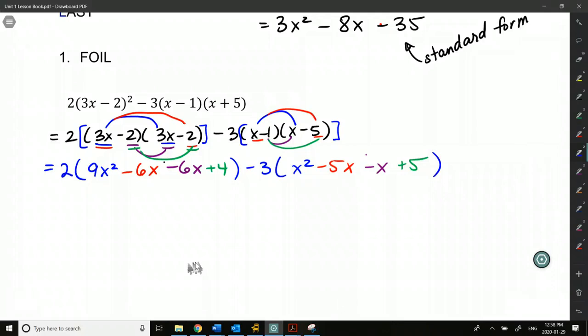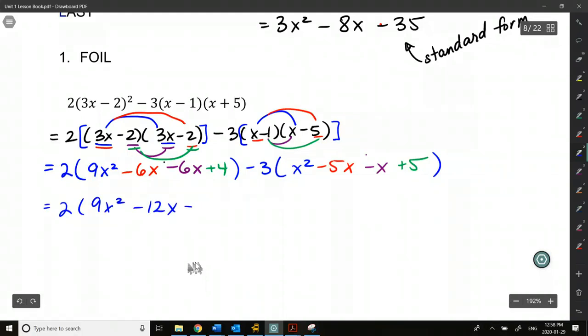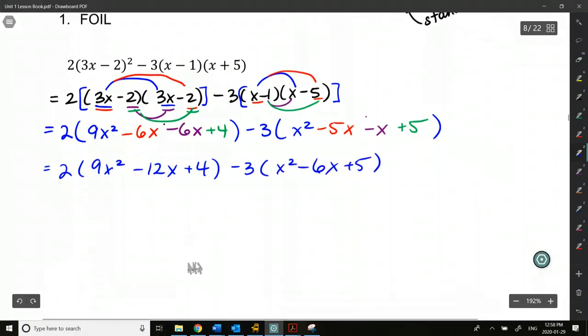Okay? Again, a couple of different ways that you can do this. I'm just going to simplify the x's inside the brackets here. We'll get negative 12x and negative 6x. And then we're going to distribute the values outside the bracket into every single term in here.